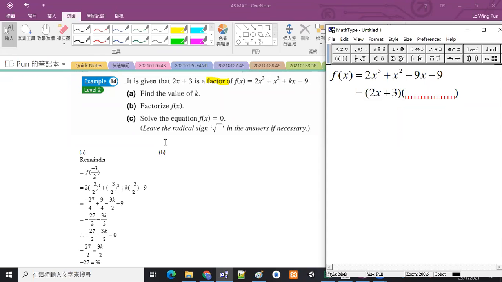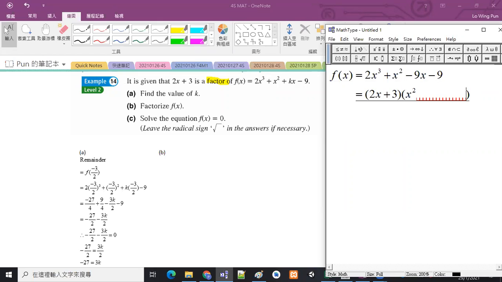For the head term, 2x times something must give 2x cubed, so the number is 1 and the x term is x squared. So the head term should be 1x squared or just x squared.